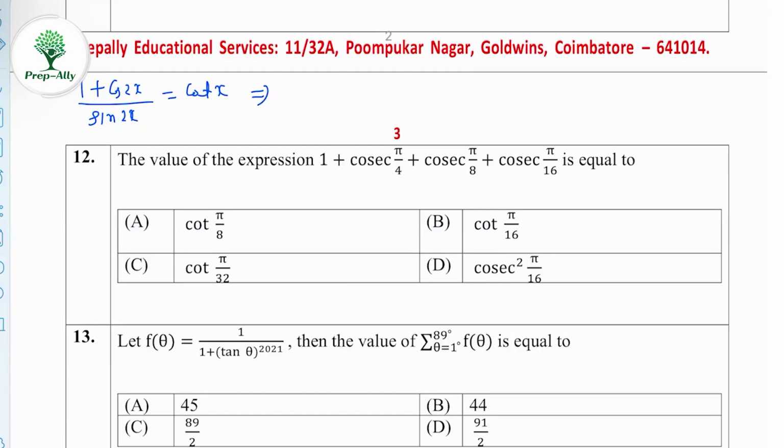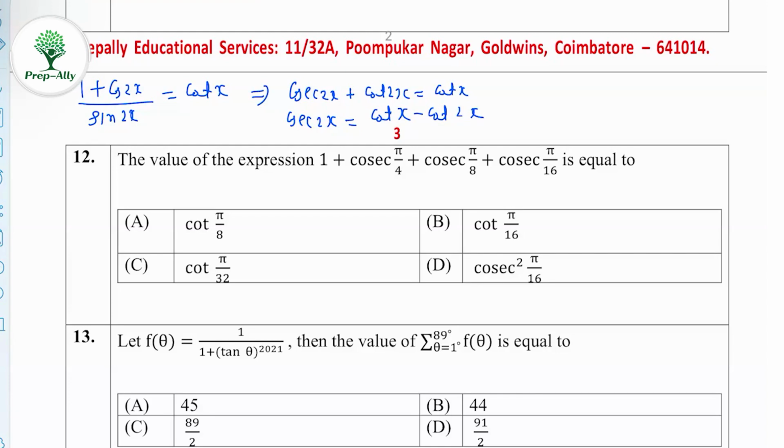So 1 plus cos 2x by sin 2x is cot x. So now if you separate, cosecant 2x plus cot 2x is equal to cot x. So what will be cosecant 2x? Cosecant 2x is cot x minus cot 2x.